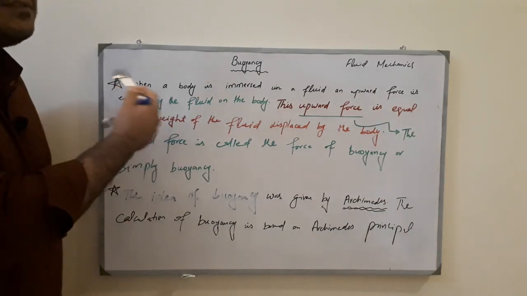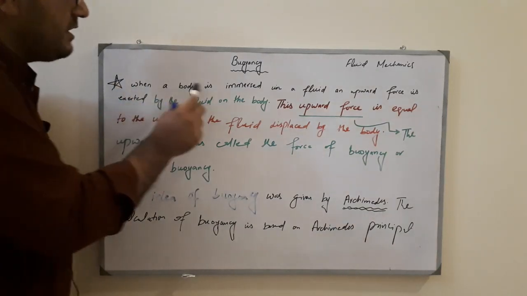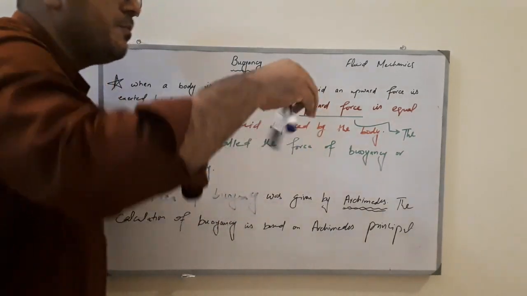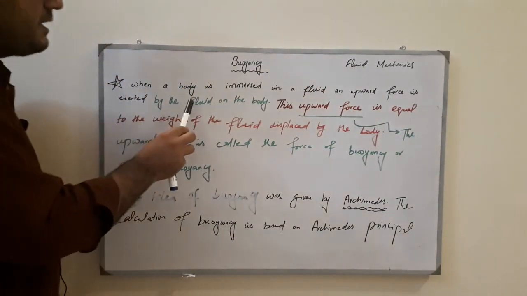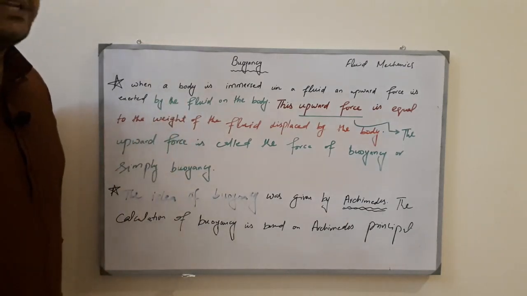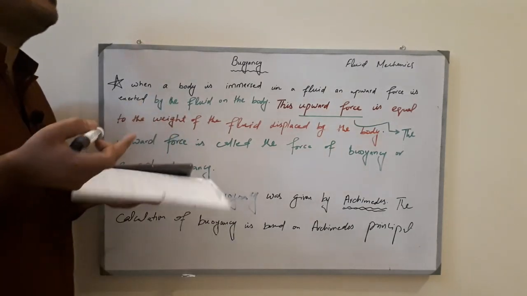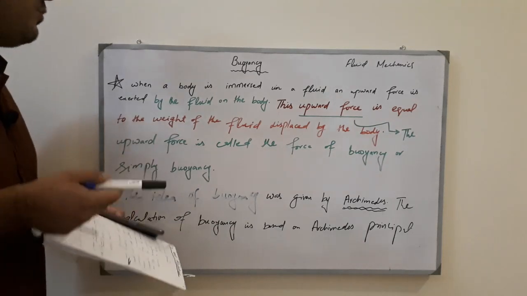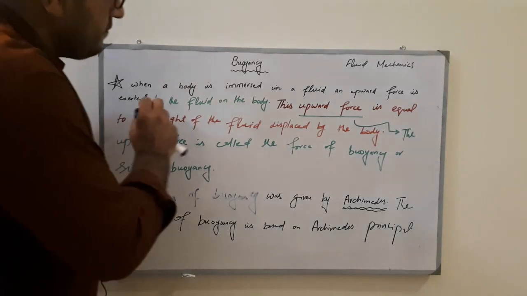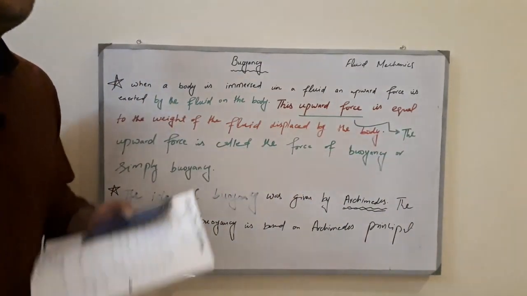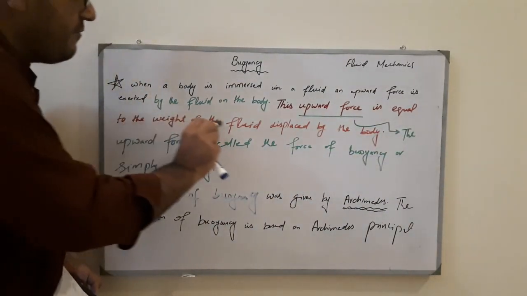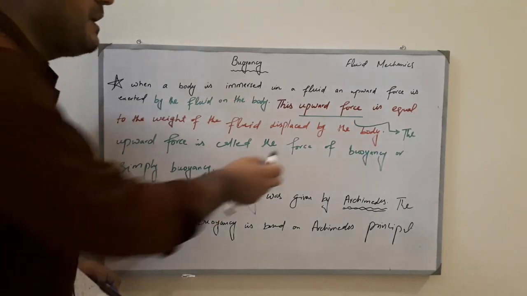So when a body is immersed in a fluid, an upward force is exerted by the fluid on the body. This upward force is equal to the weight of the fluid displaced by the body.